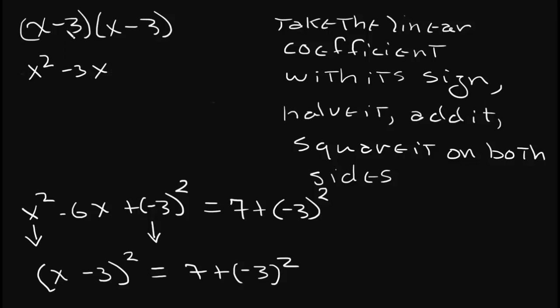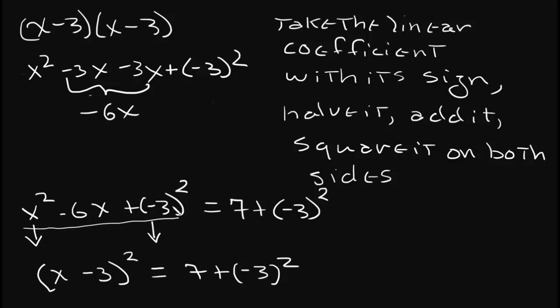The inside, minus 3x. And the last ones will give us negative 3 squared. So we've got an x squared, and a minus 3x and a minus 3x will give us a minus 6x, which is what we have here, and minus 3 squared is what we have here. So this procedure gave us a precise equivalent of the full equation we had here.